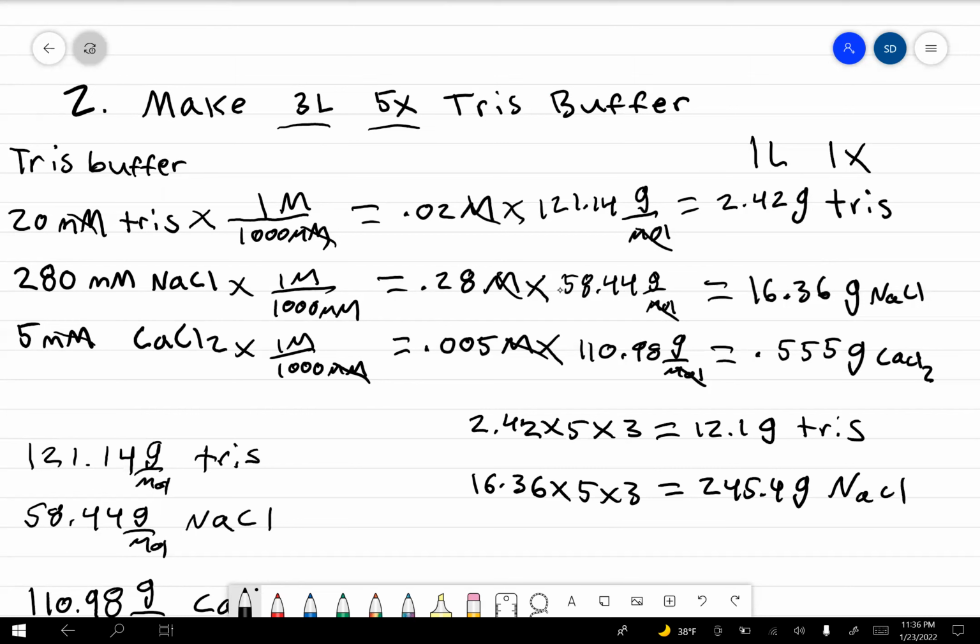And then if you take the 0.555 grams, times 5 times 3, you get 8.325 grams of calcium chloride.